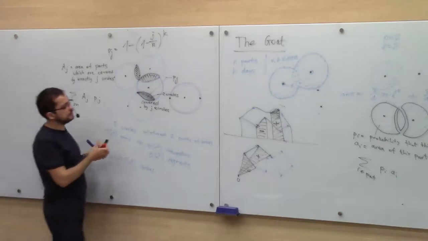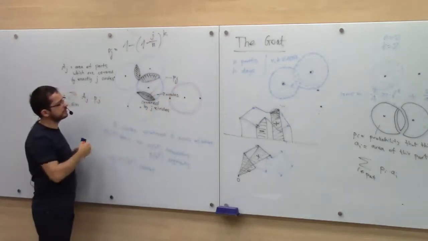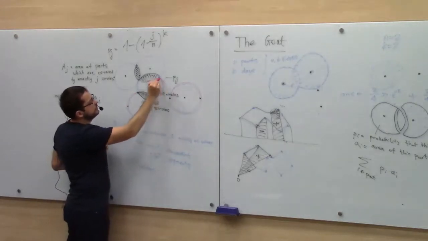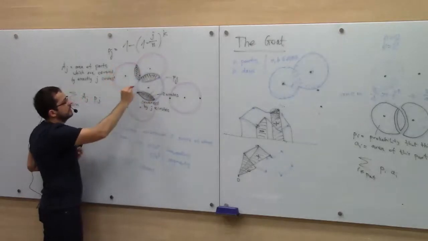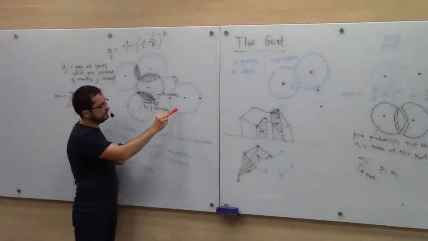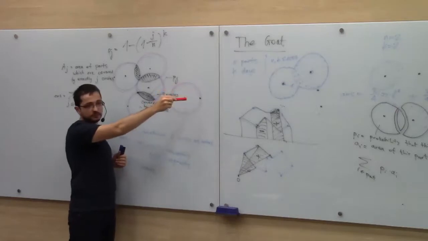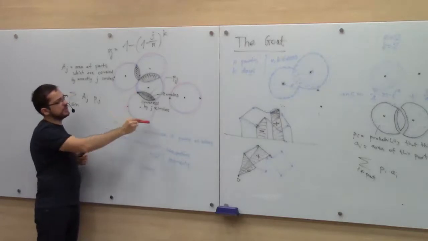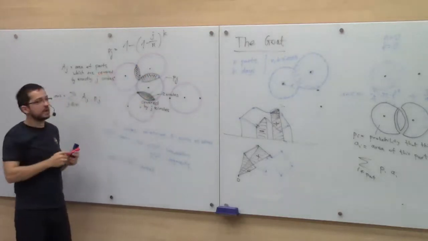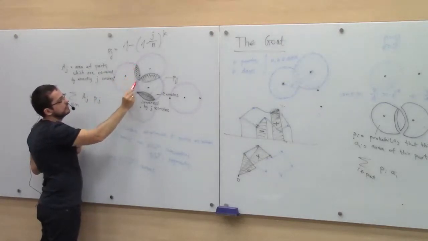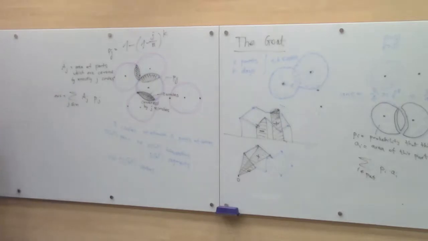So these edges are covered by exactly one circle, and also these edges here. Okay, these edges here, they all are covered by exactly one circle. So for instance, here we see that this edge covers the area which is covered by exactly one circle, but unfortunately this edge covers a little bit more area, because these edges here are not considered.